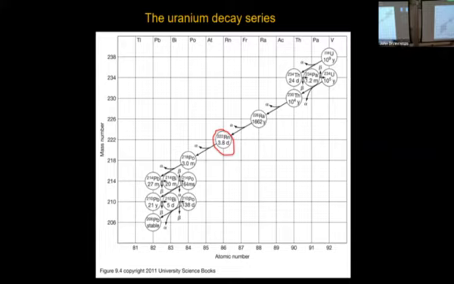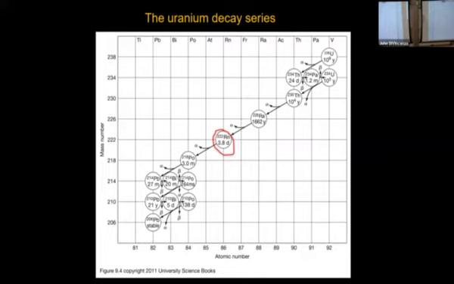So for instance, what's happening with the beta decay? Let's say carbon 14 goes through a beta decay. We notice that the atomic number increases by 1, right?